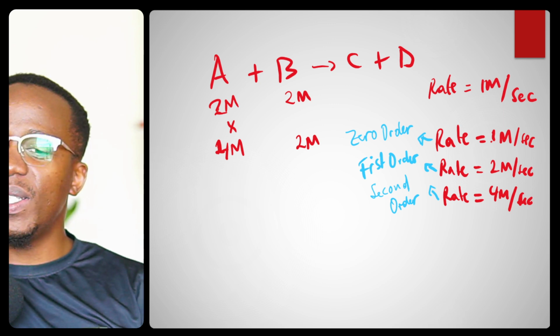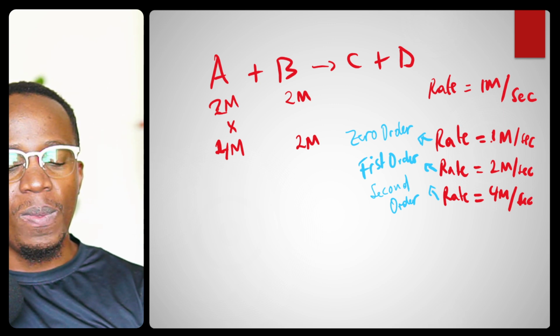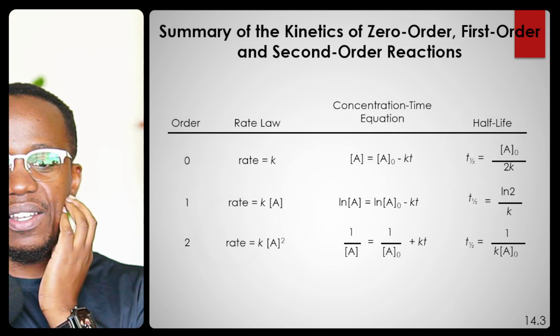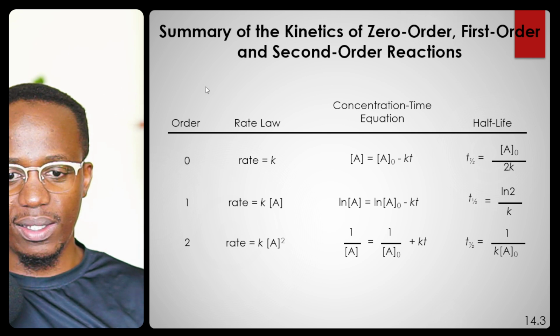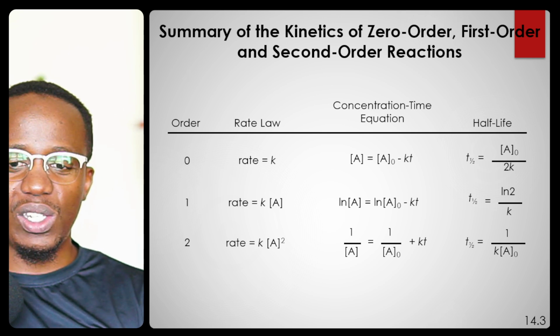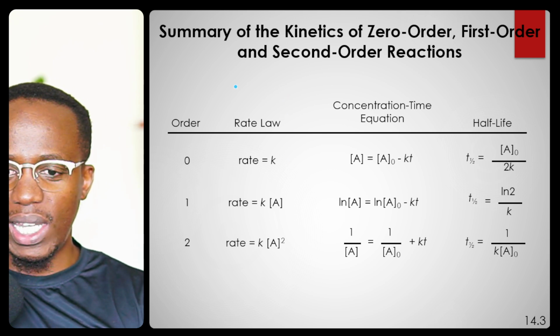But then how does it manifest when it comes to equations, right? Because believe it or not, we calculate these differently. So look at this. And I don't want you to be confused by this, okay? I want you to take your time. It might look daunting at first, but take your time.